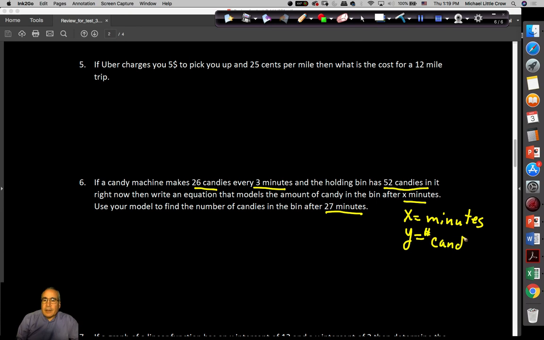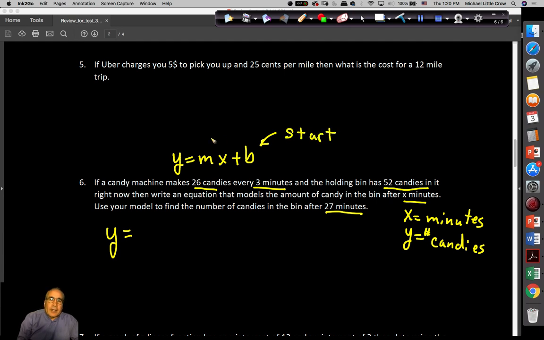Number of candies. Okay. So the number of candies in the bin is equal to... Remember, it's always y equals mx plus b. B is the starting value. It's the vertical intercept. M is how it is changing, y over x. So we start with 52 candies.